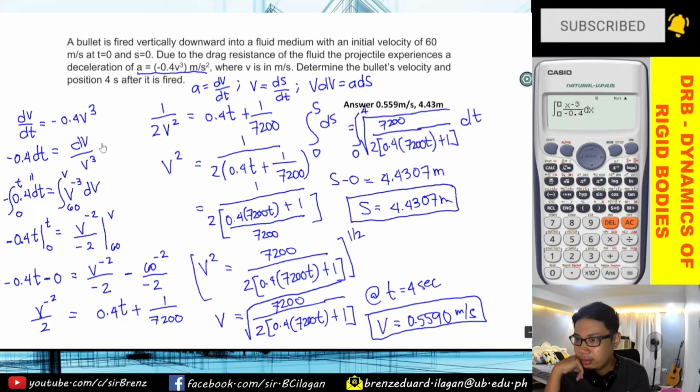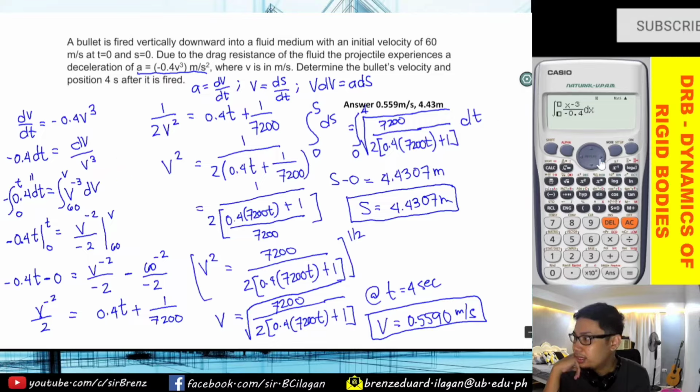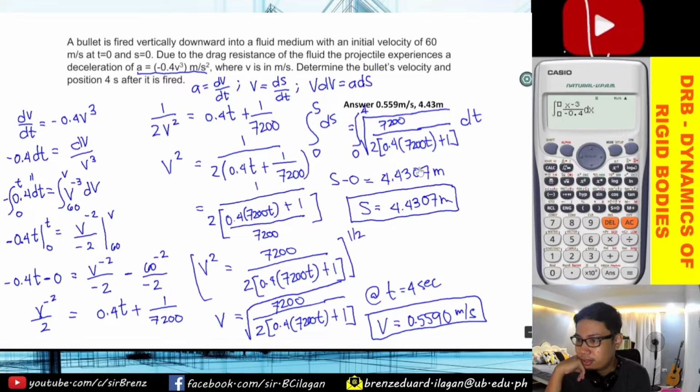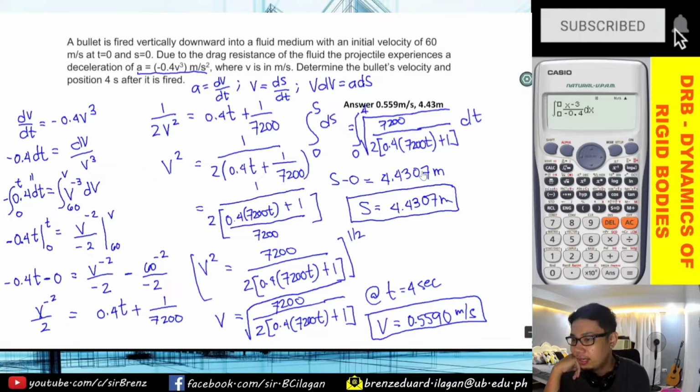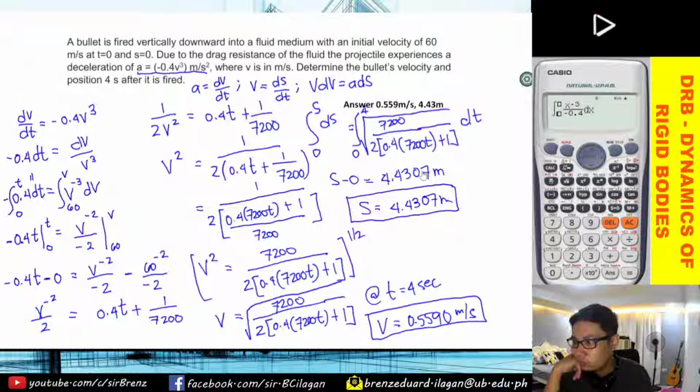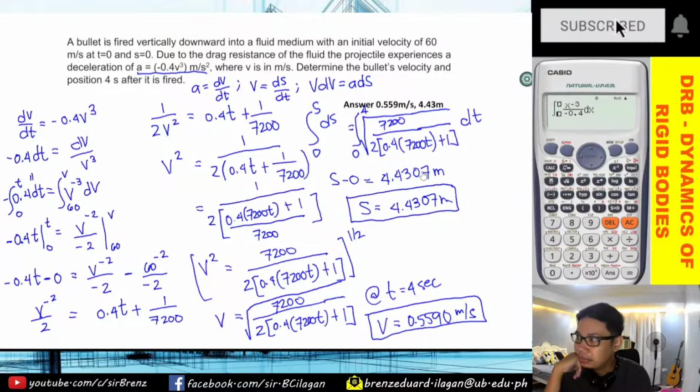Ito ha, tinitingnan ko lang to. Ayan, sinisimplify ko lang. And then, ang limits niya is from... hindi pala, velocity nga pala yun. Hindi kaya pala. You need to simplify first. Oo, hindi siya kaya.